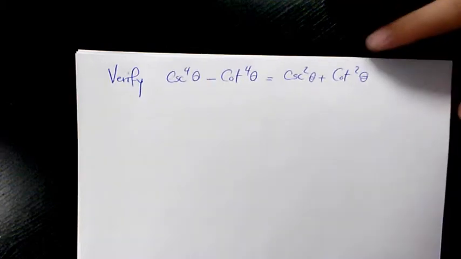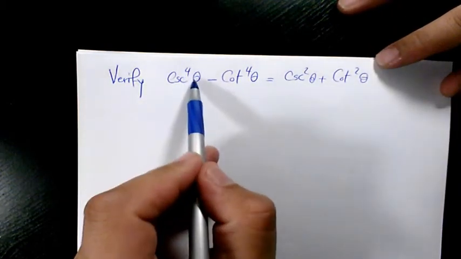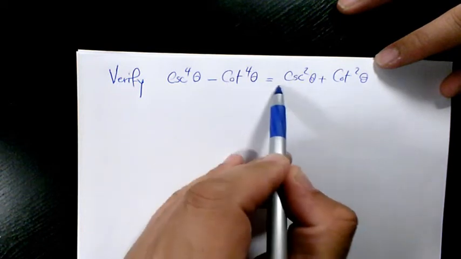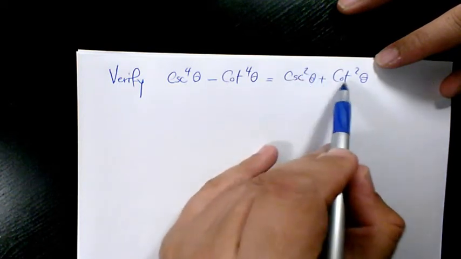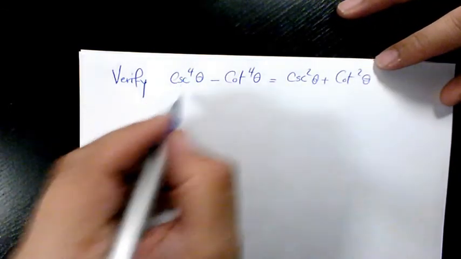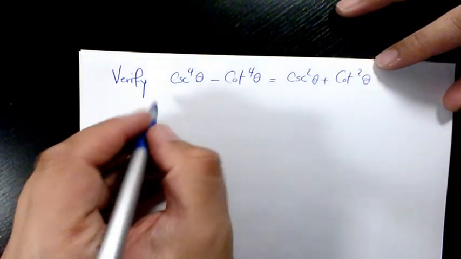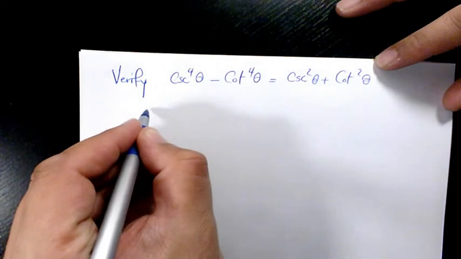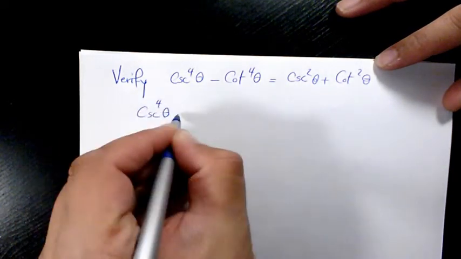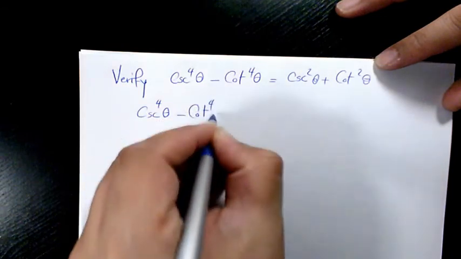So now in this example we have cosecant to the power of 4 theta minus cotan to the power of 4 theta equals cosecant squared theta plus cotan squared theta. So I'm going to write it as cosecant theta to the power 4 minus cotan theta to the power 4.